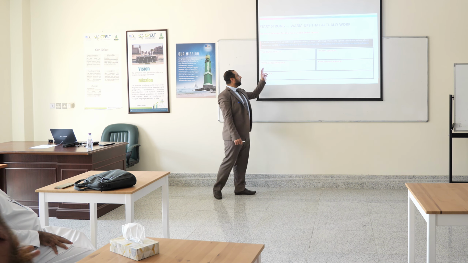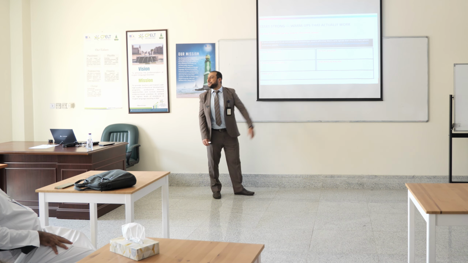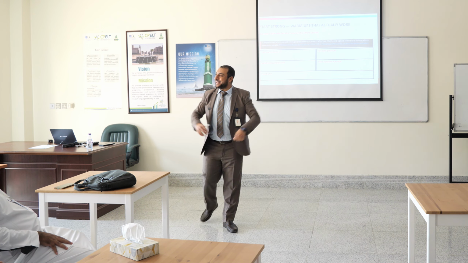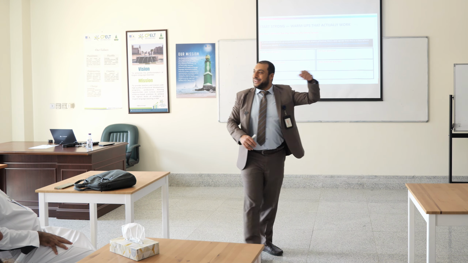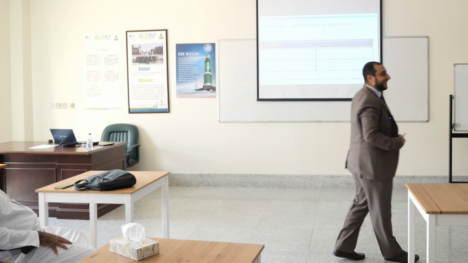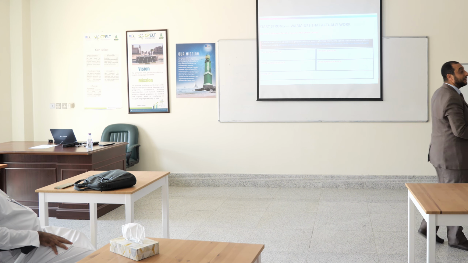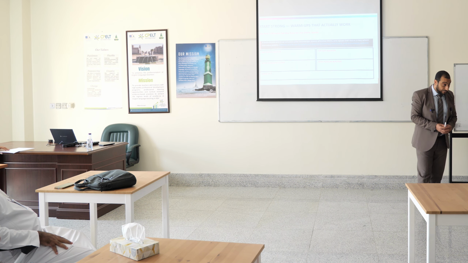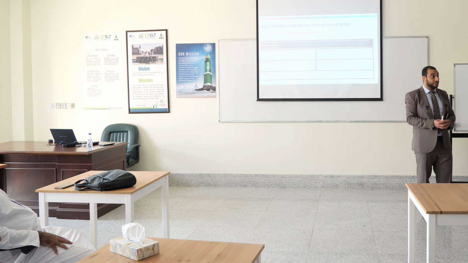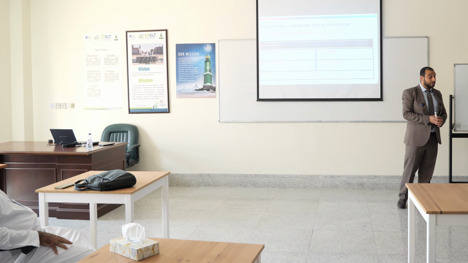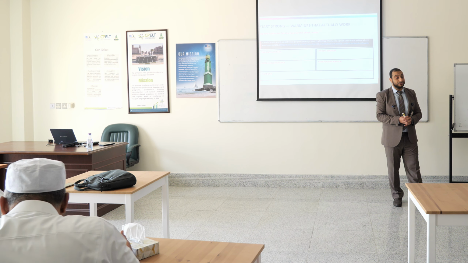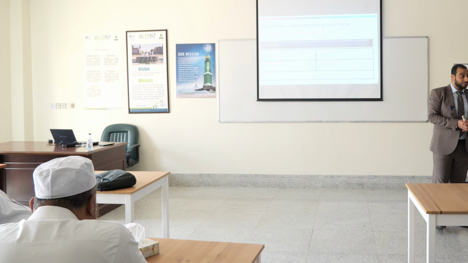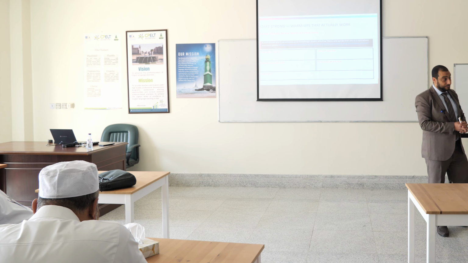So, word association chain, which group? Yes, group 2. Where is group 2 here? Okay, so let me start left this time. The objective of this game is to activate prior knowledge related to a particular theme or lesson. And also it encourages quick thinking and interaction, speaking.